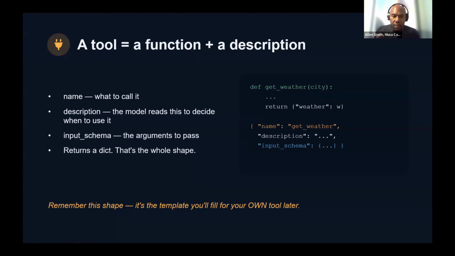What is the input schema? Is this a string? Is this a number format? Is this a date? And then the return description: what is it supposed to return? This is the anatomy, or the fundamentals, of a tool call.